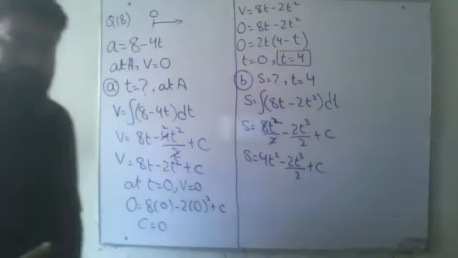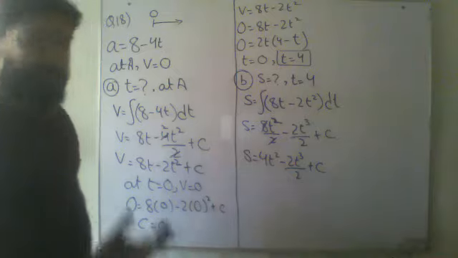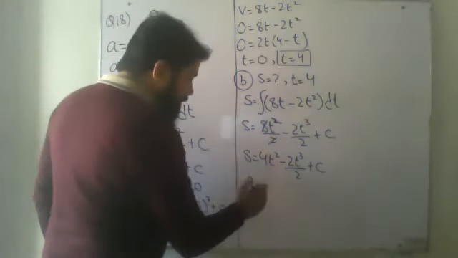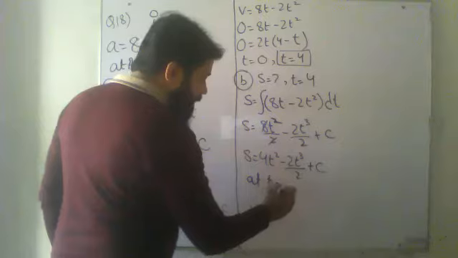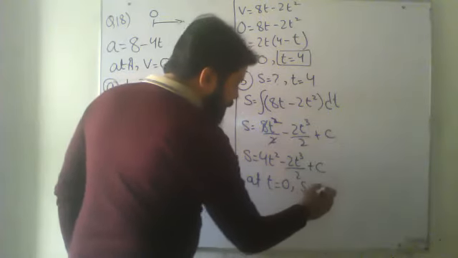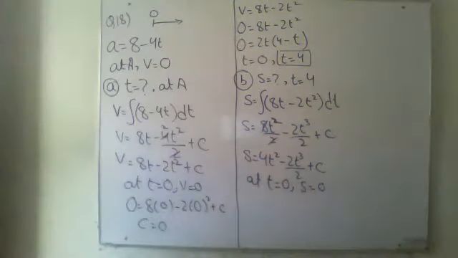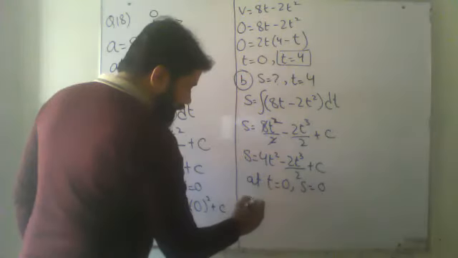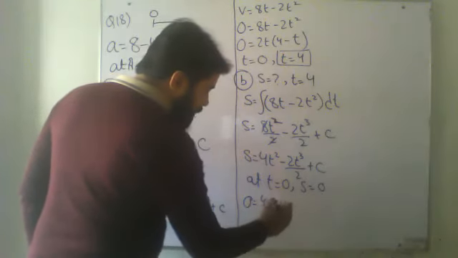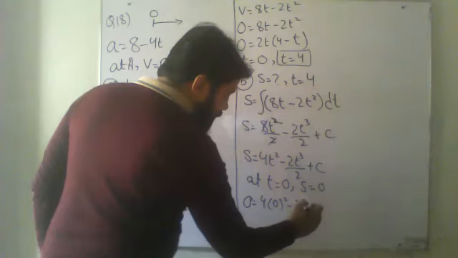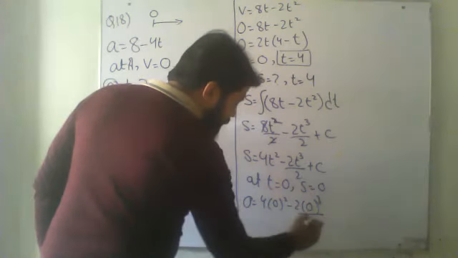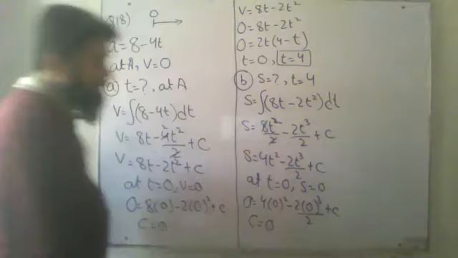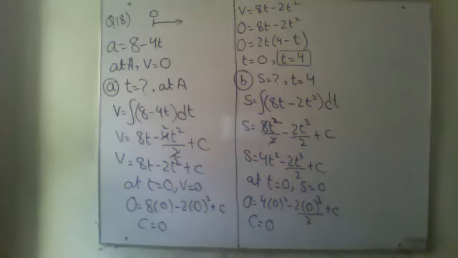Nothing is given about the displacement at the starting point, so we always consider that at t equals to 0, displacement was also 0. So 0 equals to 4 times 0 square minus 2 times 0 cube over 3 plus c, so the value of c is 0, right?